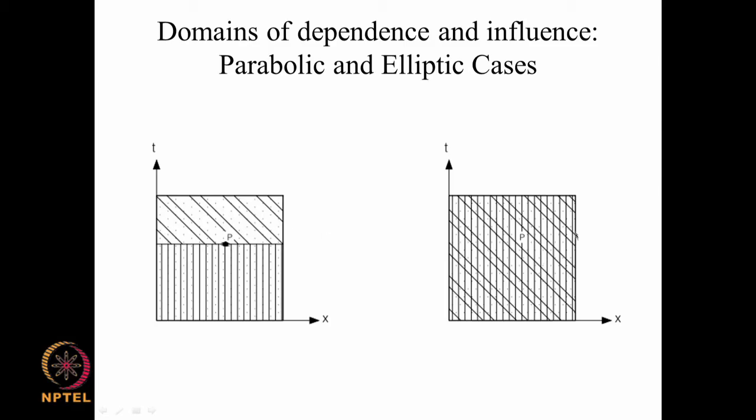Okay. Now if you look at an elliptic case, then the point P is influenced not only by the boundary conditions at t equal to 0 and up to the point of t at which P lies, but it is also influenced by what we can see as per this diagram as potentially future boundary. Okay.